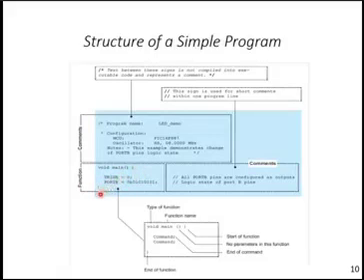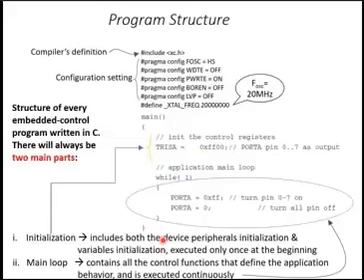And then you put an open curly bracket, and then a close curly bracket. So any code you put between here will be executed. For example, this one will be executed within this function. If you put it after the closing bracket, that one will not belong to the main.